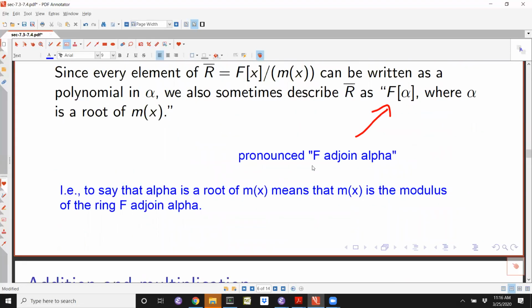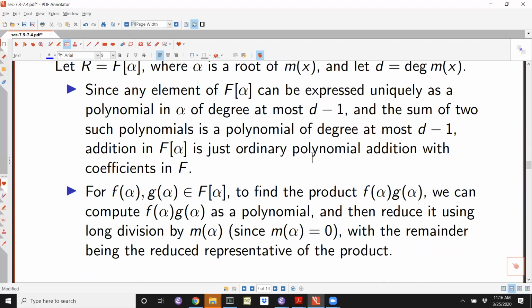You just add polynomials and use the fact that in that case 2 is equal to 0.